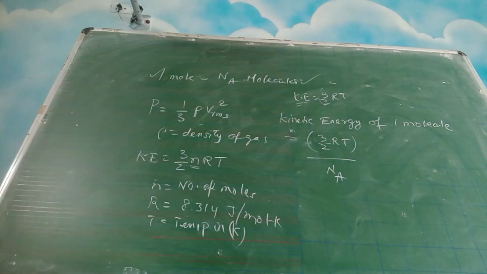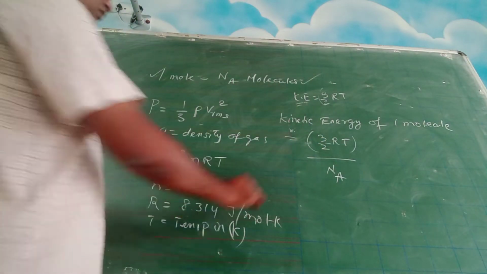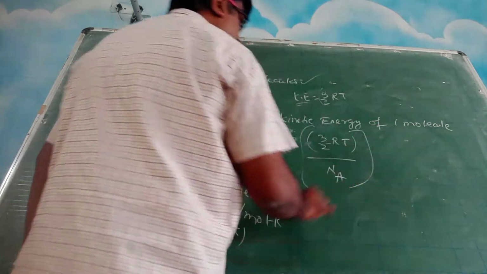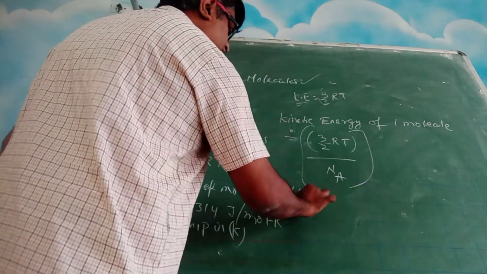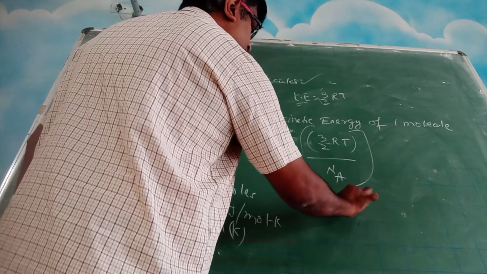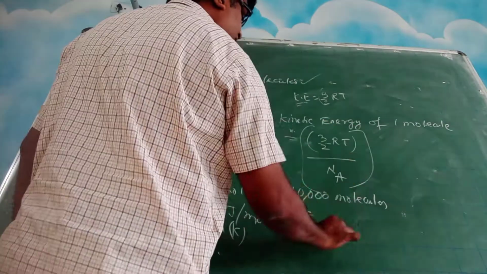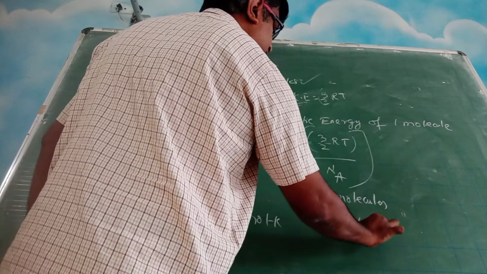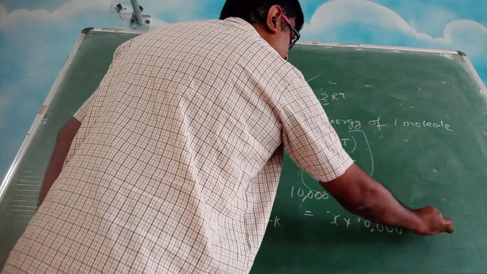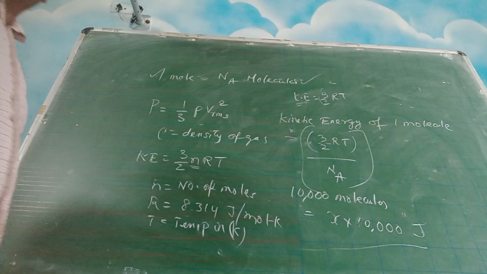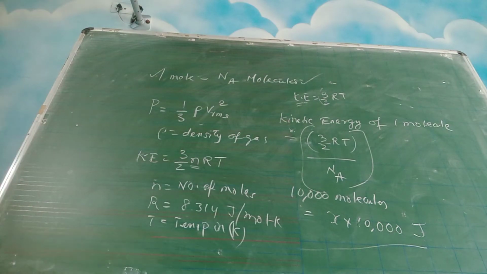Suppose they ask you for 10,000 molecules. Let us say this value is x, then multiply by 10,000, in joules. Okay, these are small points, but you should understand how to use the equation also, right?